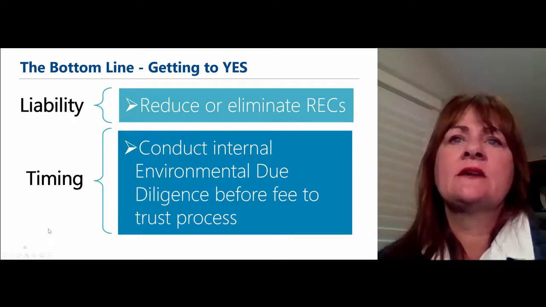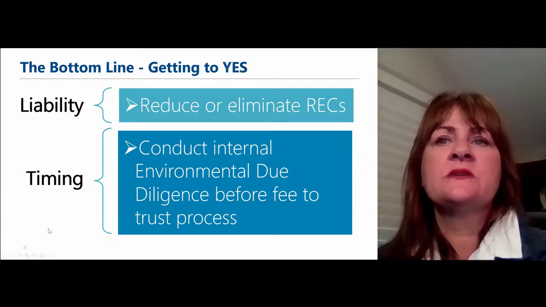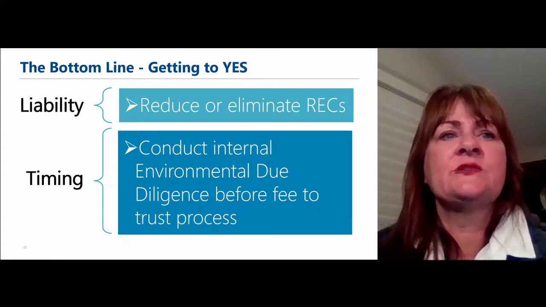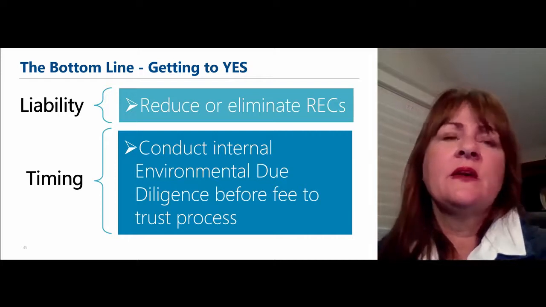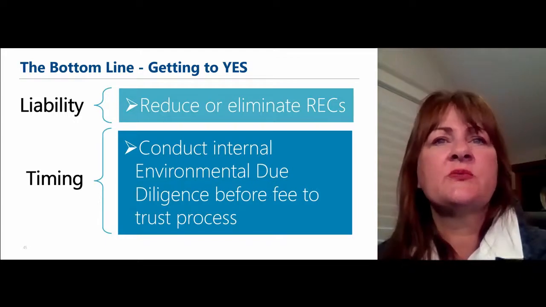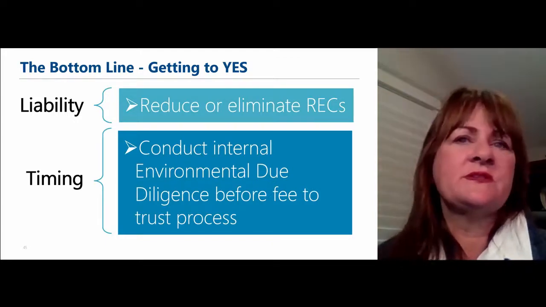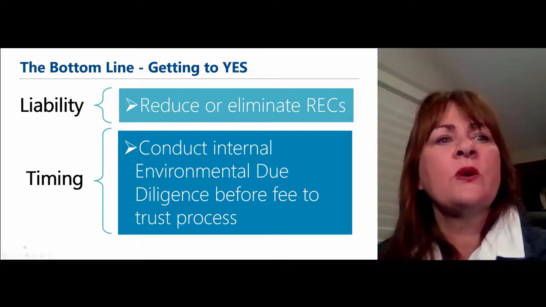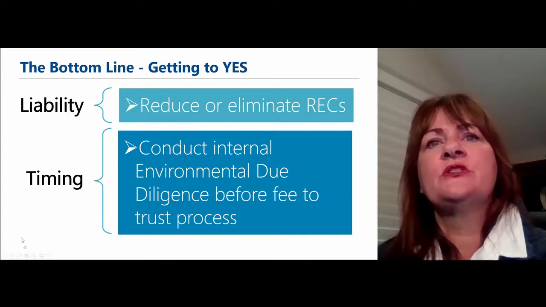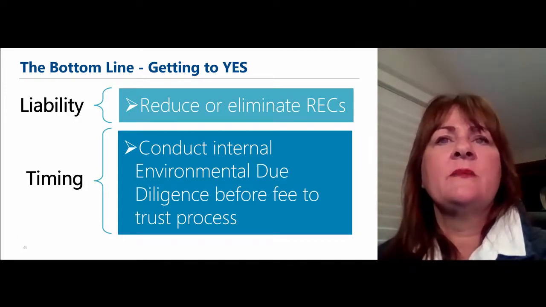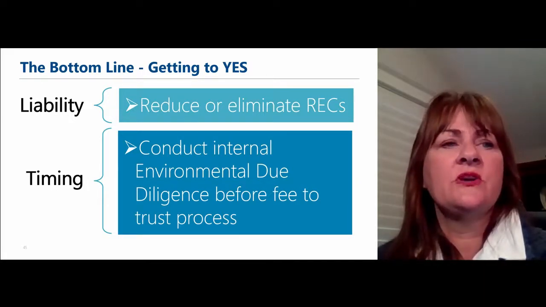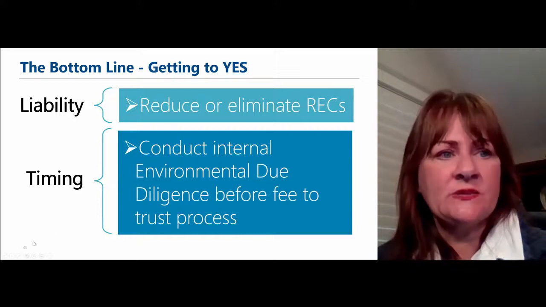Again, timing is important. As you go through the fee to trust process, remember that the environmental considerations are about in the middle of the fee to trust process. It's step number 7, but there's 16 steps to go through. So work with your BIA realty officer to potentially push back your Phase 1 environmental due diligence until towards the end of the application, so you don't have to redo that Phase 1 ESA.